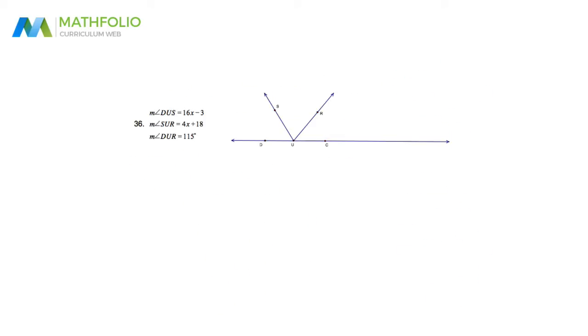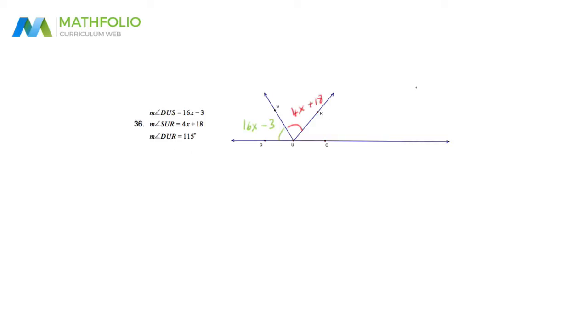Okay, 36. Let's take a look. I'll change the color to green. 36, we know that DUS, D to U to S, which is right here, is 16x minus 3. We also are told that SUR right here is 4x plus 18.